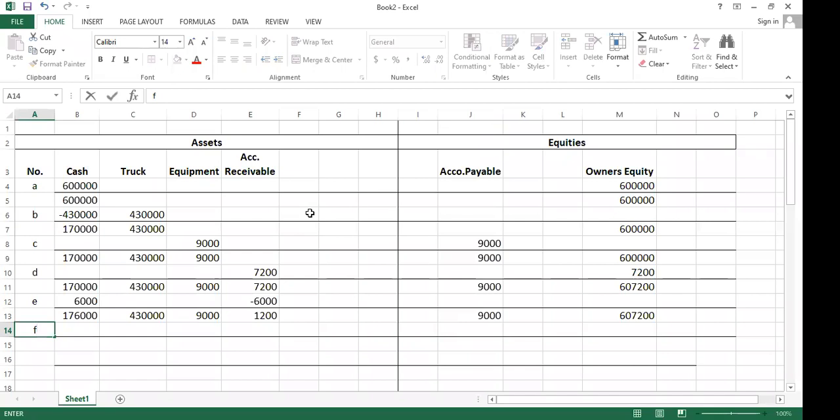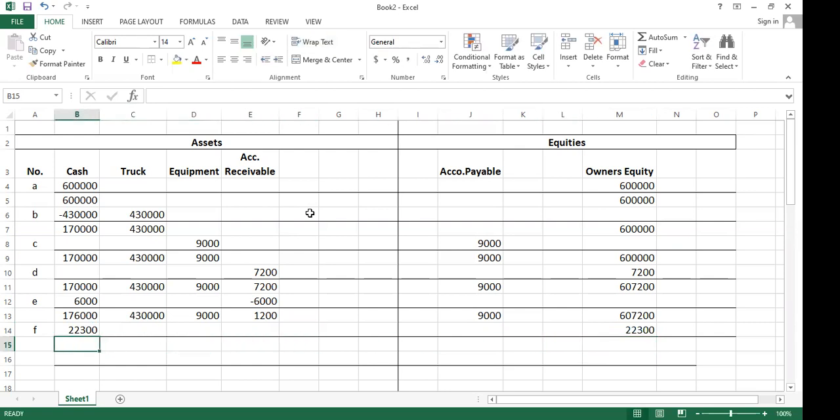F. Received rupees 22,300 in cash for transporting goods. Add cash 22,300 and add owner's equity 22,300.